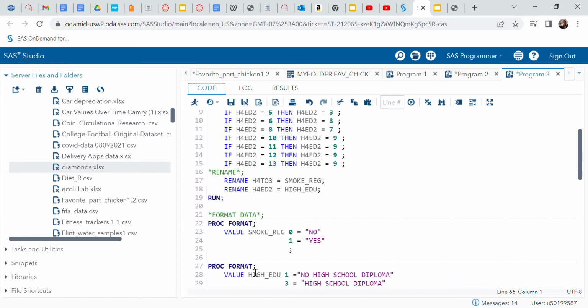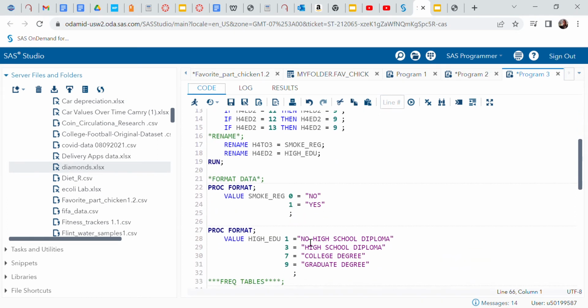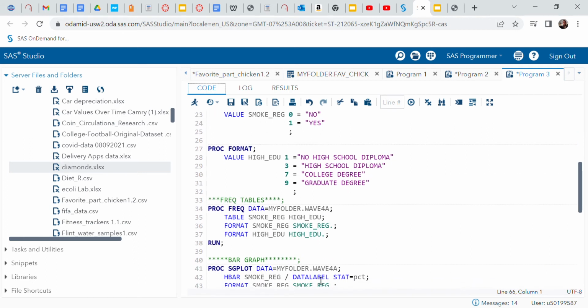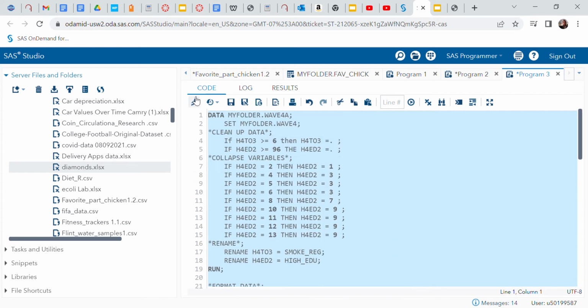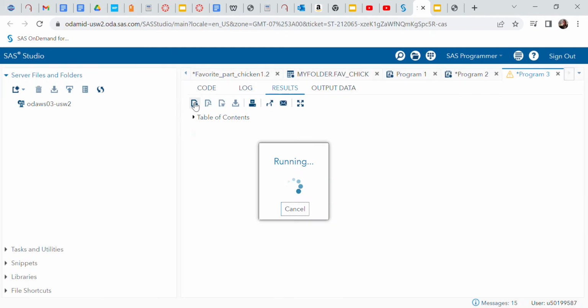All right. And we're going to format it. So one is no high school diploma, then high school, college, and then anything greater than that, master's degree, PhD, law degree, professional masters, all of that is going to go in the graduate degree column, and then we're going to format all of the variables. So let's go ahead and run all of that.